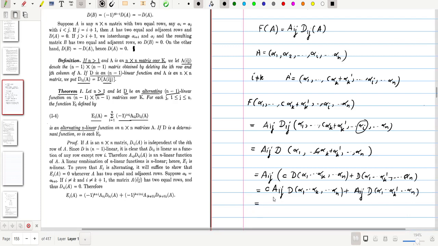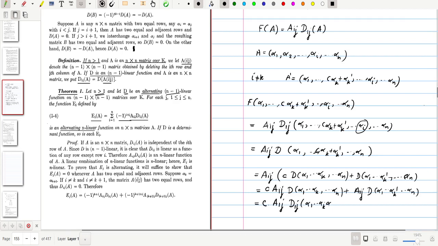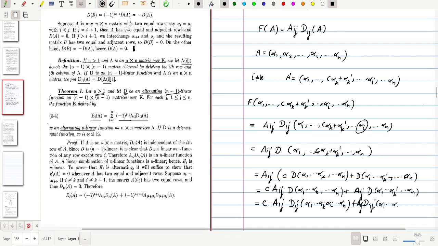Now this is the same as C times Aij dij of alpha 1, etc., alpha k, etc., alpha i, etc., alpha n. So dij of this is the same as d of this, alpha 1, alpha 2, etc., alpha i, alpha k, etc., alpha n, plus this is nothing but Aij times dij of alpha 1, etc., alpha k prime, etc., alpha n, and alpha i is there.